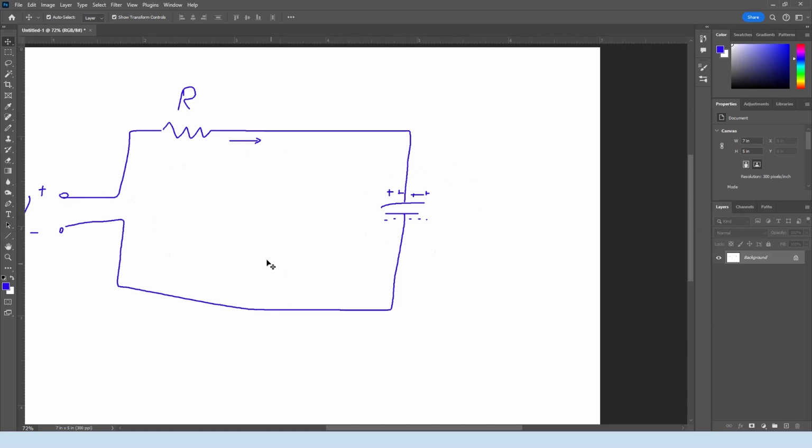So we could say that in a capacitor, current is first, and the voltage, we can express that with E, is second. In the capacitor, current goes first, voltage appears later.